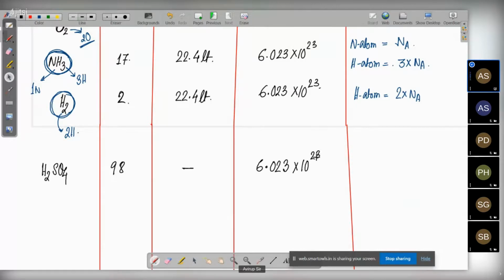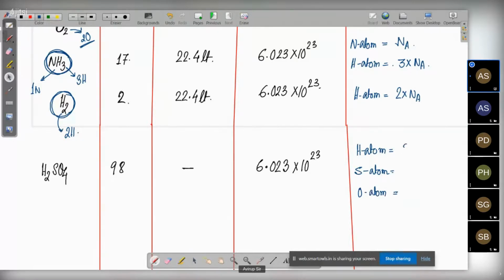So one molecular weight of any substance, whatever substance you take, always contains Avogadro number of molecules. Now you tell me how many hydrogen atoms are there in total in Avogadro number of molecules of H2SO4? How many sulfur atoms, and how many oxygen atoms? First, hydrogen: 2 into Avogadro number.